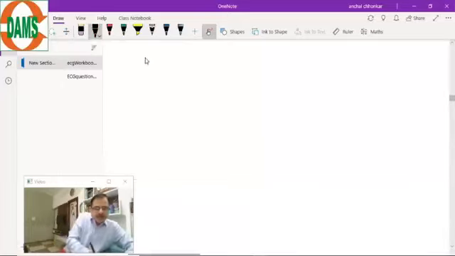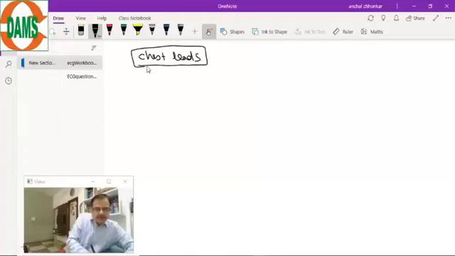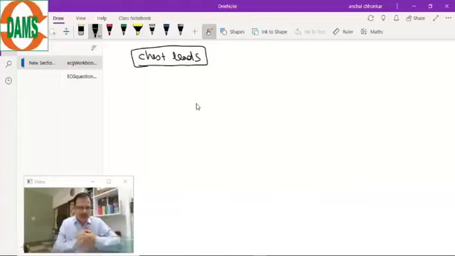All right, so chest leads, they are placed on the chest wall, and they detect the horizontal current which is going from endo to the epicardium and vice versa, from epi to the endocardium. The horizontal plane will be detected by the chest leads. So the placement is very simple.